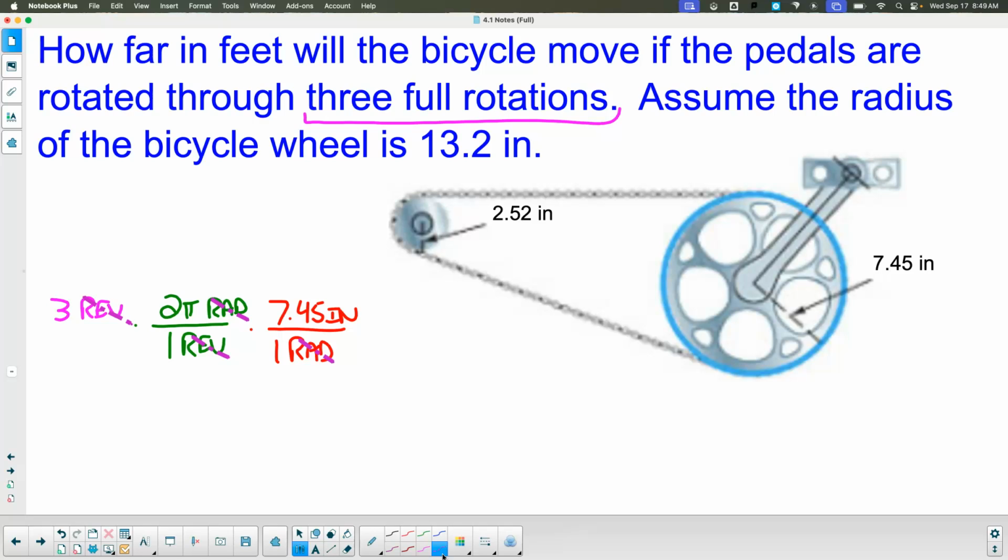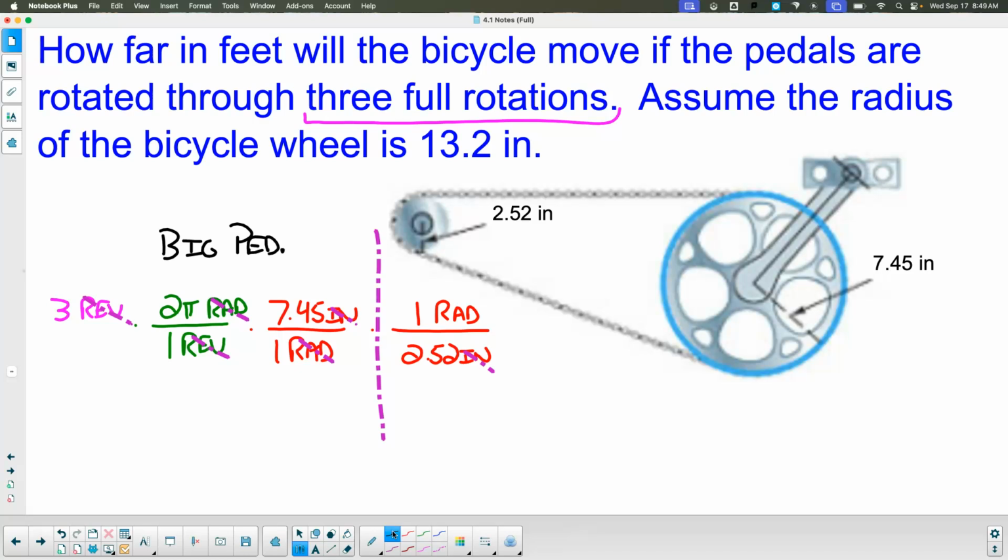Now I can go to the smaller sprocket. Yes? Okay? So the smaller sprocket is 2.52 inches is 1 radian. So now I have, this was all on the big pedal.